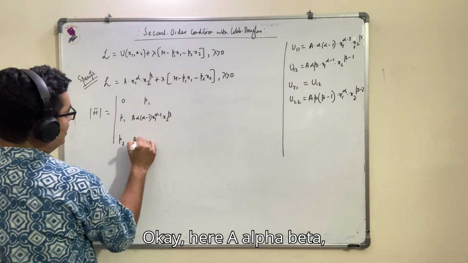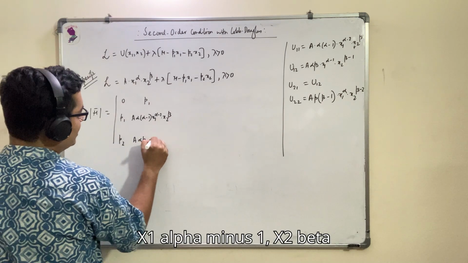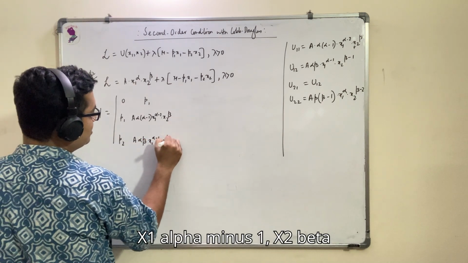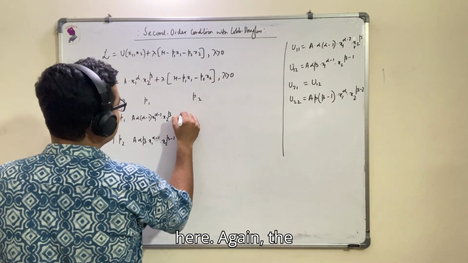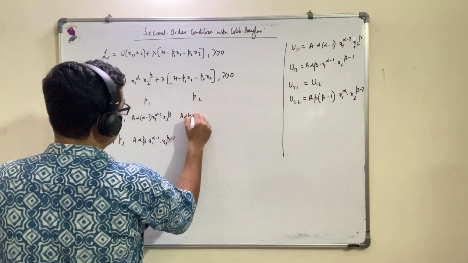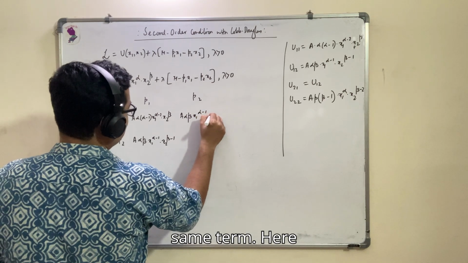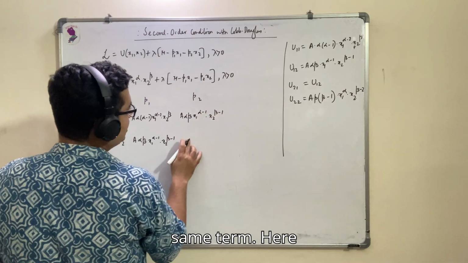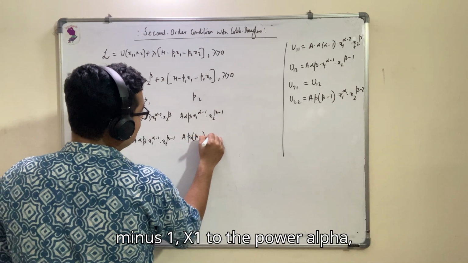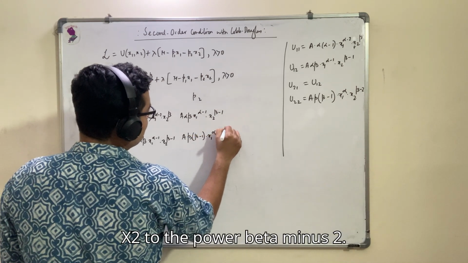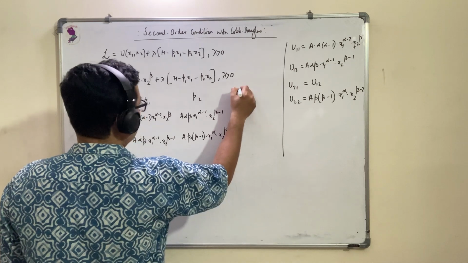Here A alpha beta x1 to the power alpha minus 1, x2 to the power beta minus 1. We set p2 here, so again the same term. Here u22, so A beta into beta minus 1, x1 to the power alpha, x2 to the power beta minus 2.